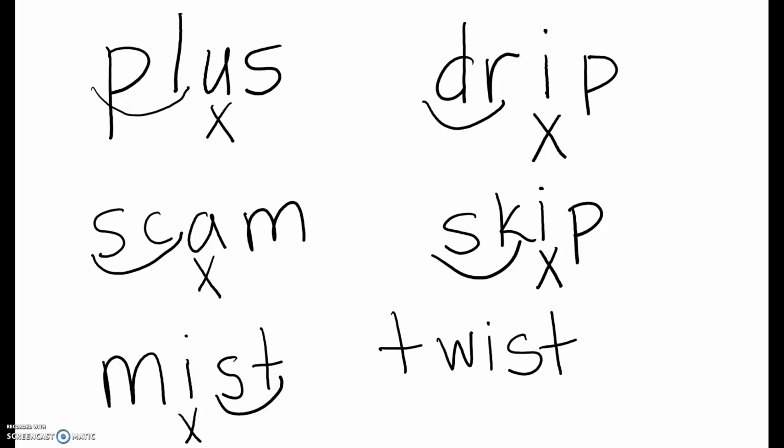Twist. Okay, and twist, we're going to have a blend, a vowel, and a blend. So you're going to have an arc under the TW and the ST.